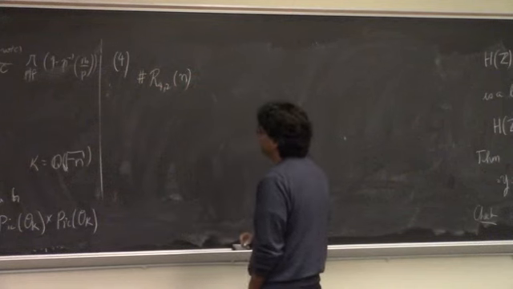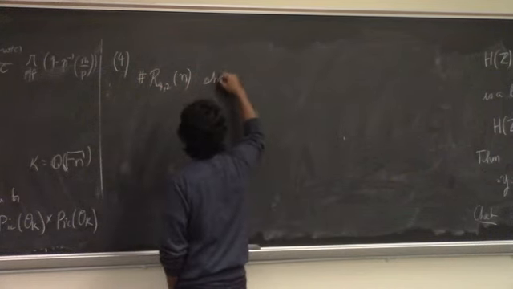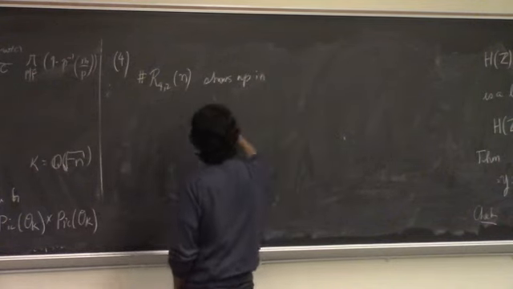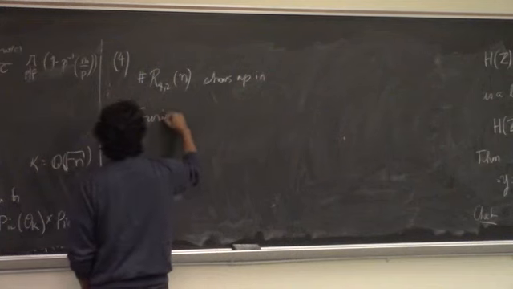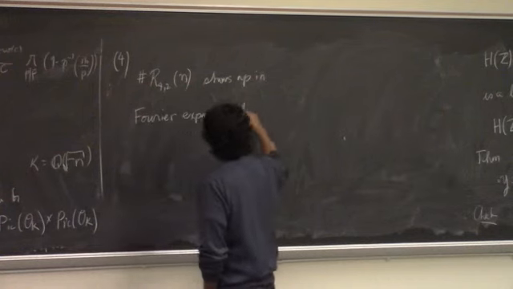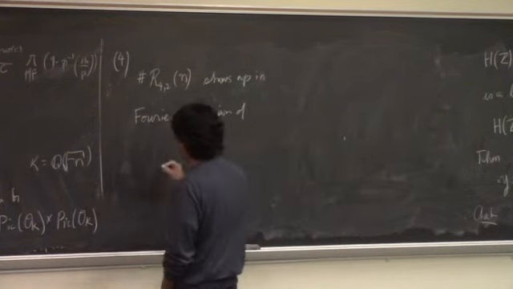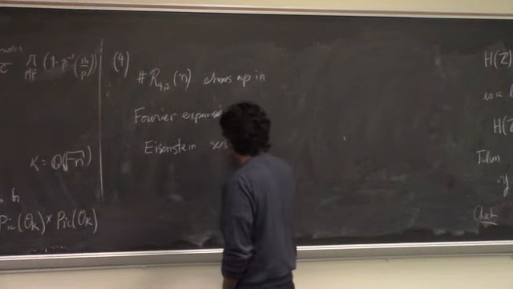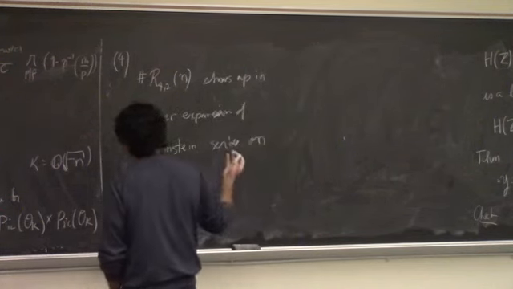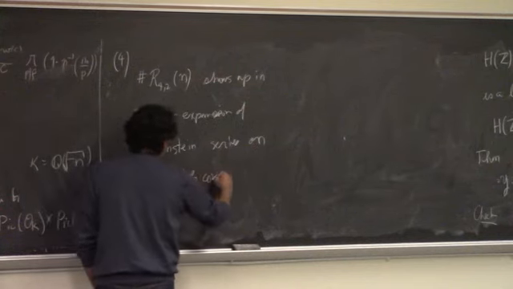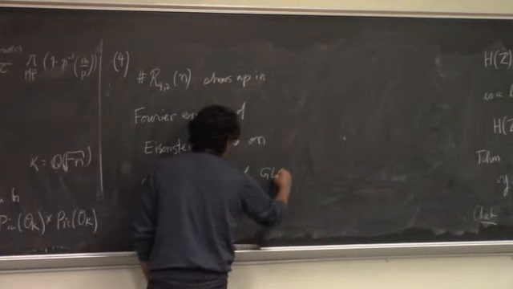This number shows up in the Fourier expansion of an Eisenstein series, just like the Eisenstein series I wrote down earlier, except this is an Eisenstein series on the metaplectic double cover.